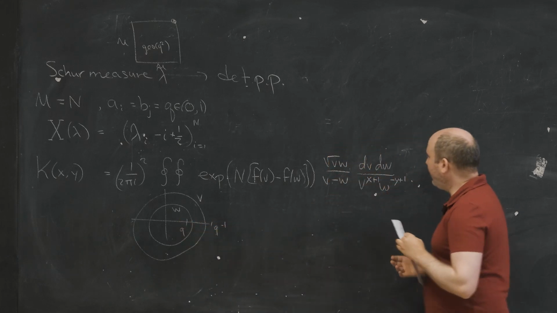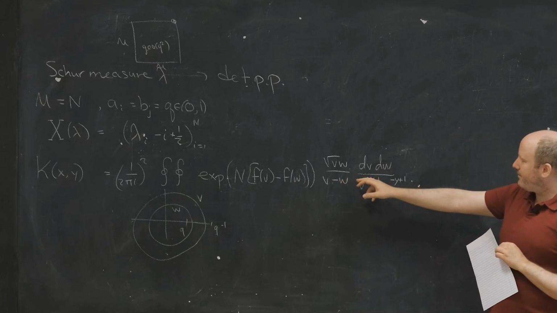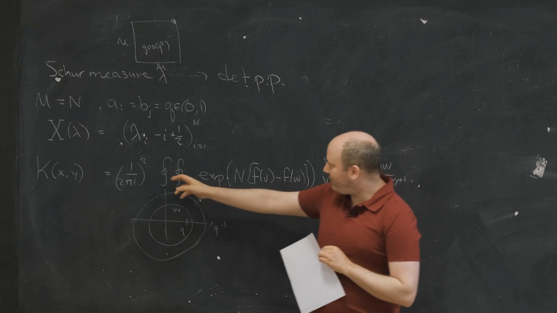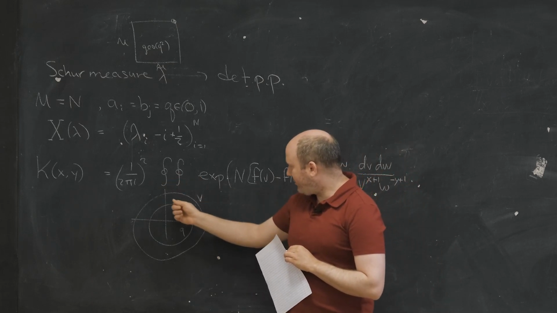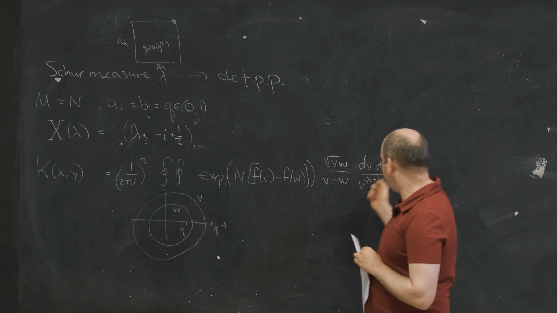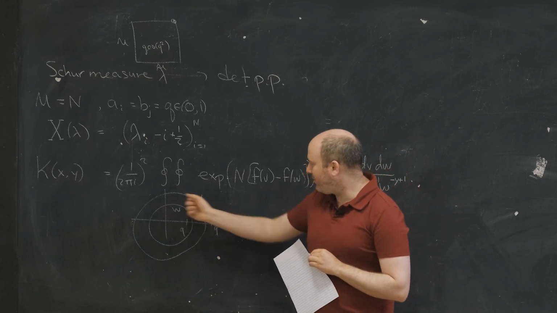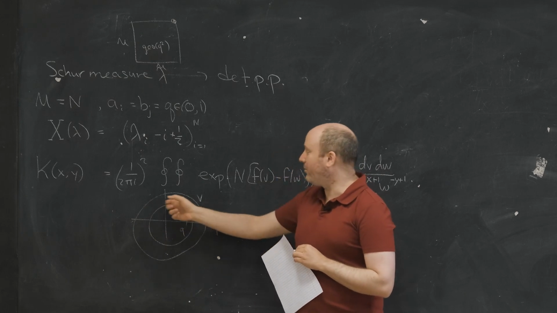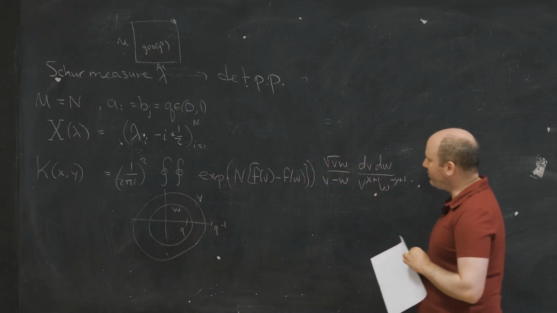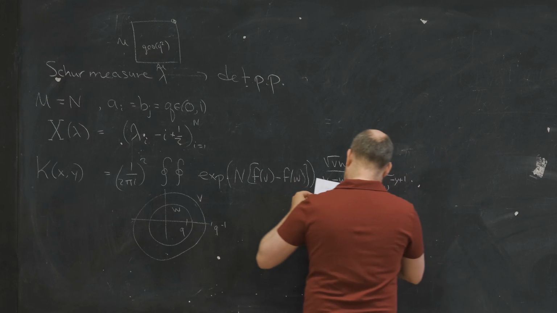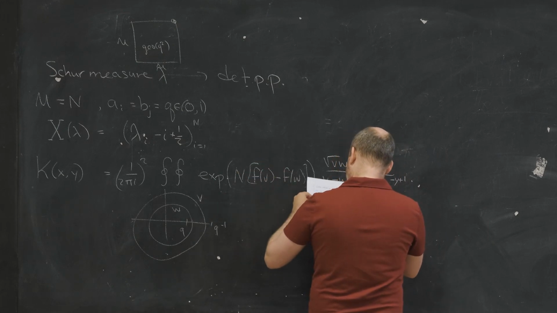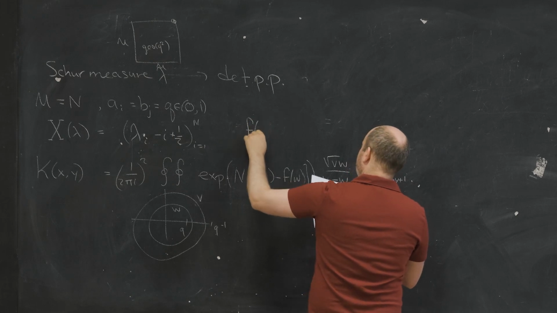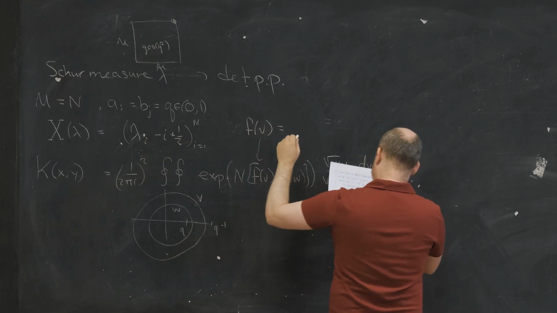So again, these are contour integrals. You should think of this as an iterated integral. So let's say you fix a W and then you integrate V, and then you integrate W of that resulting integral. And this function f encapsulates the, this is going to be defined as such.